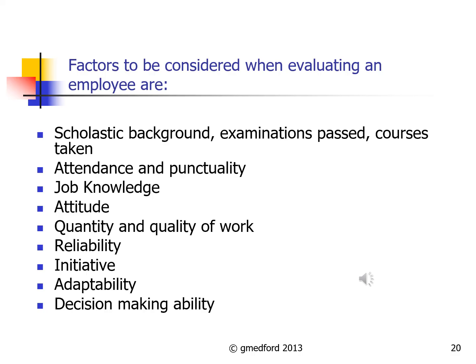This list is not an exhaustive list. There are other factors which organizations use to determine how efficient, how effective an employee has been, and how well they have performed over the period for which the appraisal is being undertaken.